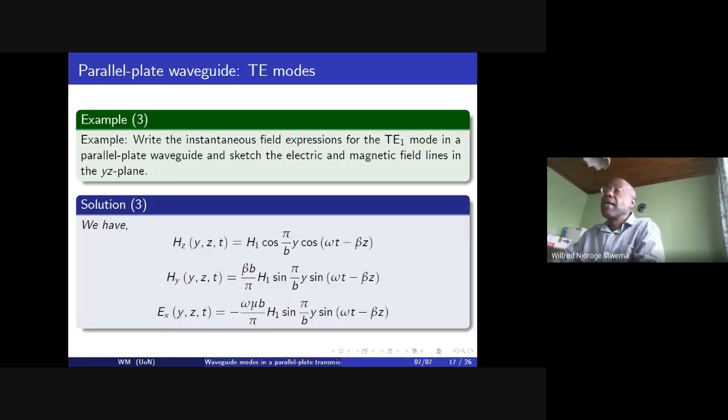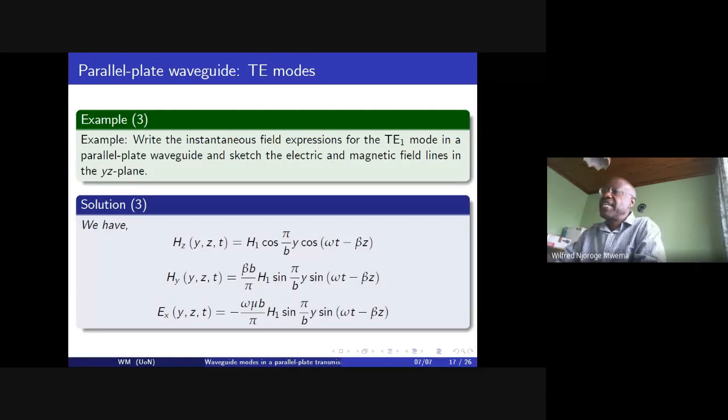So, example 3 then. Write the instantaneous field expressions for the TE1 mode in a parallel plate waveguide and sketch the electric and magnetic field lines in the YZ plane.